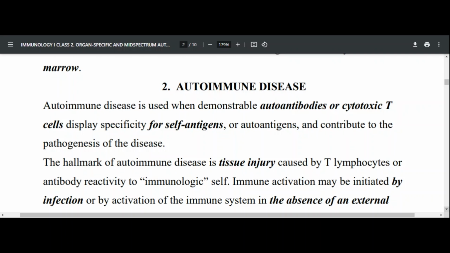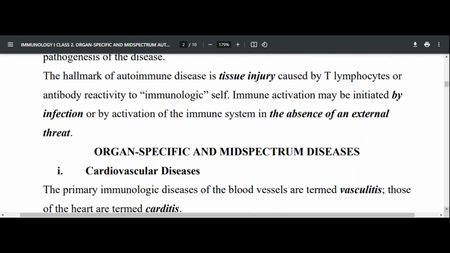So the hallmark of autoimmune disease is tissue injury, caused by T lymphocytes or antibody reactivity to immunologic self. Immune activation may be initiated by infection, or activation of the immune system may occur in the absence of any external threat.